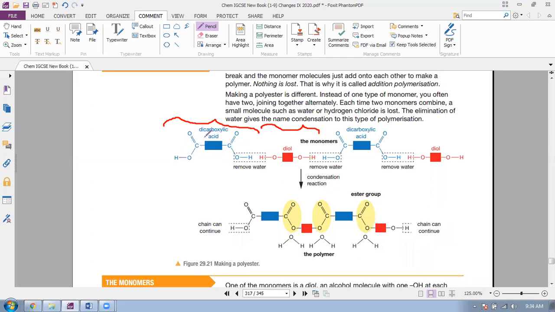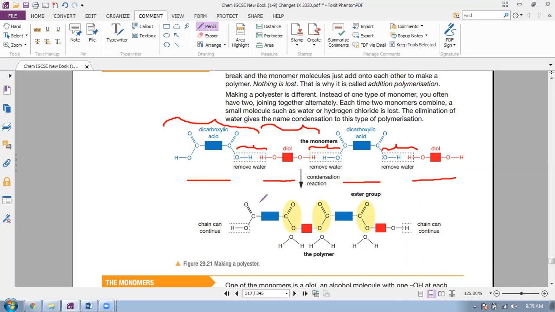Many dicarboxylic acid molecules and many diol molecules join together, and look at this part, it forms water. They join together to form a long chain polymer and then an extra substance such as water, sometimes other substances. This is called condensation polymerization.